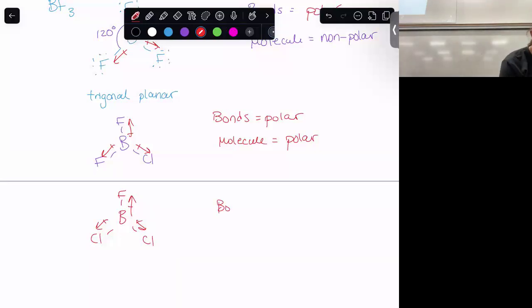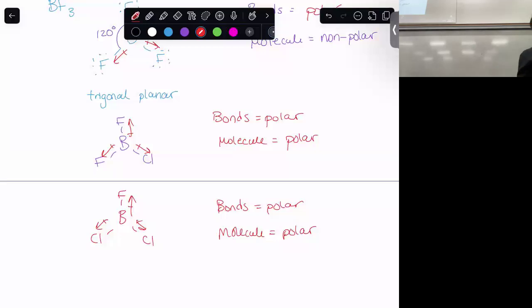So our bonds here are still polar. And our molecule is still polar. Like it's not symmetrical all the way around. That help a bit so far? Okay, great.